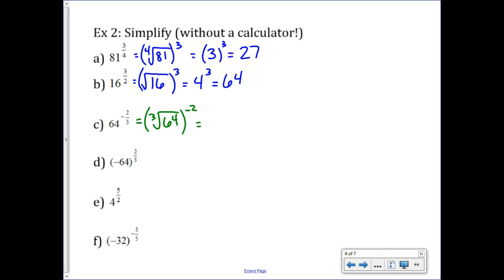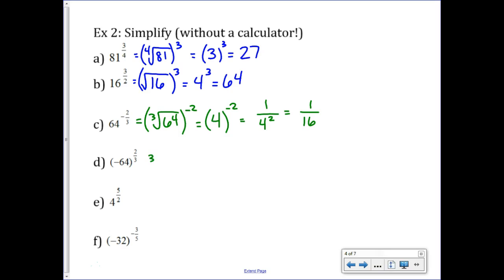So the cube root of 64, 4 times 4 times 4, would give me 4, to the negative 2. So 1 over 4 to the 2nd would then be 1 over 16.